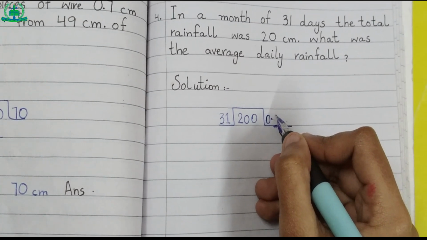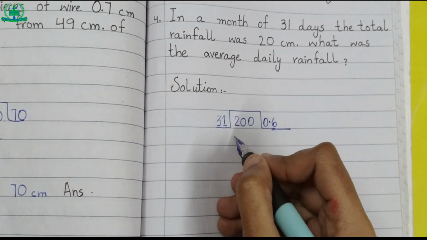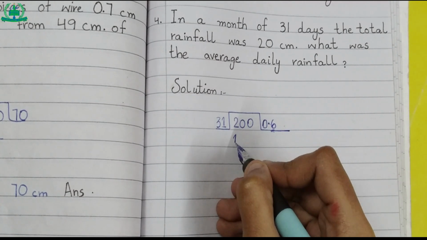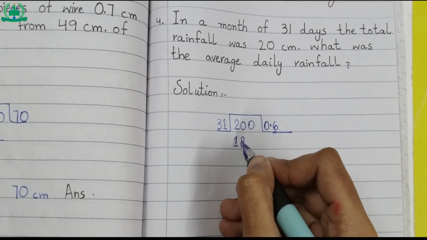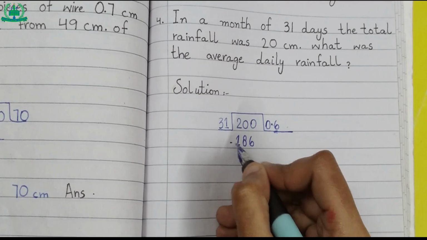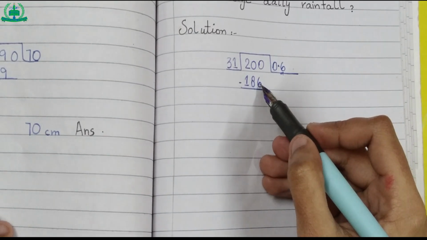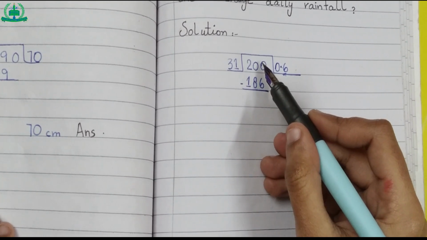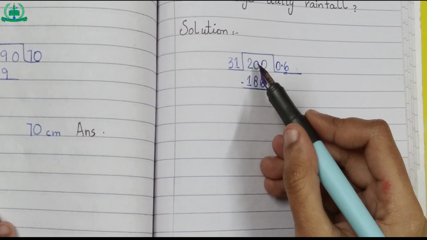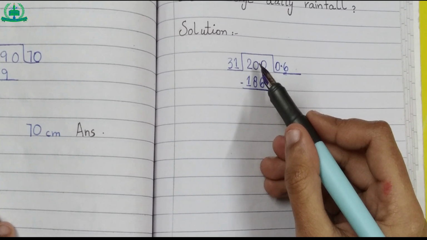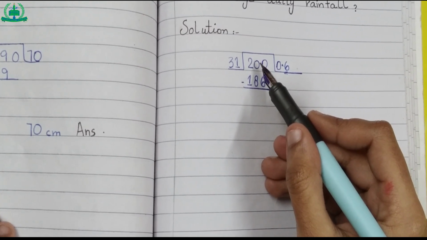31 multiplied by 6 makes 186. Minus, we cannot subtract 6 from 0. We borrow from left hand side, but first number is 0, so we cannot borrow from 0. We borrow 1 from another number, which is 2.